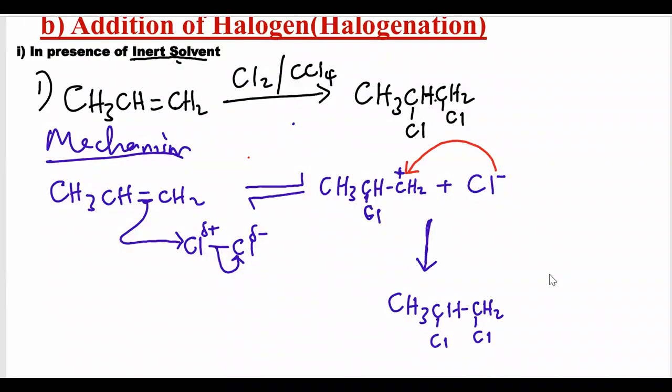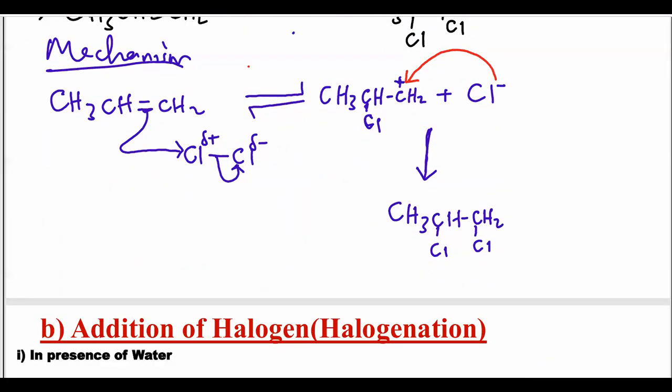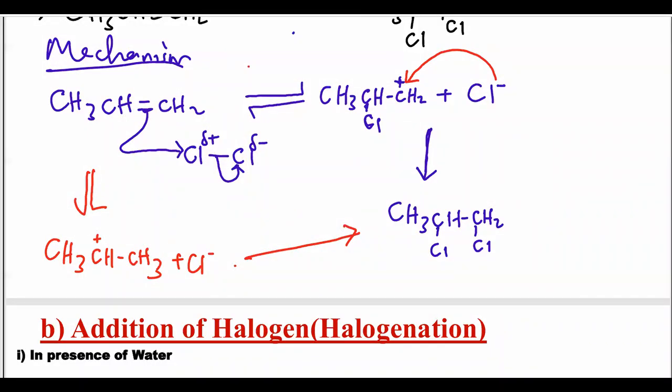So we'll have the first chlorine, which came from the partial positive charge, attached to the first carbon atom. Then at our last point, the last chlorine that forms the vicinal dihalide forms on the middle carbon atom. Meaning we could have something like this, plus chloride ion, and then finally we come back here. And what is causing it to come there is this one, which is going to come and attach on that.